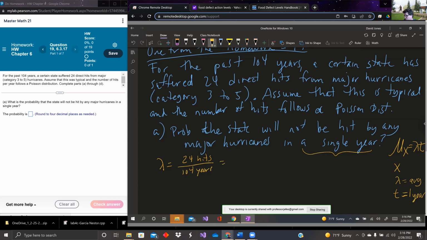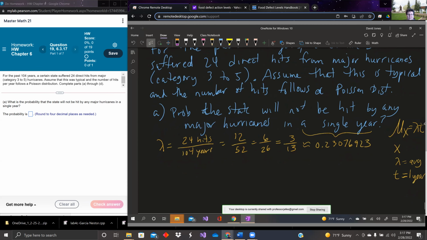That ends up being 12 over 52, which is 6 over 26, which is 3 over 13. Does that reduce all the way? Which is approximately 0.230766923. I'm going to use all those digits because I don't know how much it's going to affect the answer. So use all of them.